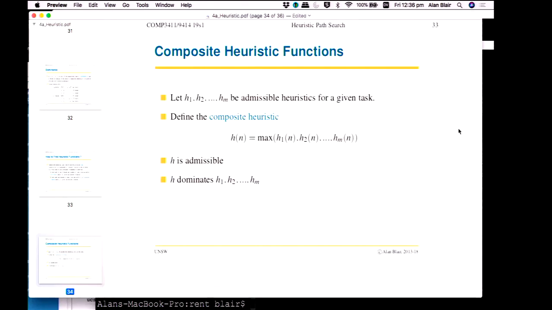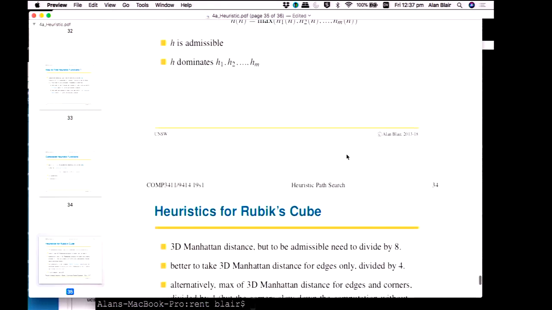Because if h1 is less than or equal to the true value and h2 is also less than or equal to the true value, then the maximum of h1 and h2 will be less than or equal to the true value. So we may find one heuristic which is a good estimate in some cases but not others, and vice versa. If we combine two of those heuristics, we may get one that's generally good.